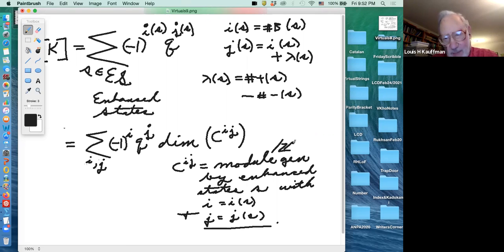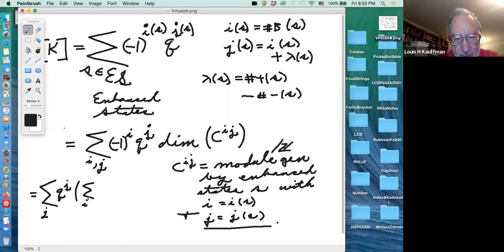And I make a module out of it for a good reason, and that is I can now rewrite this in the following way. I can rewrite this as the sum over j of q to the j multiplied by the sum over I of minus 1 to the I dimension of Cij.